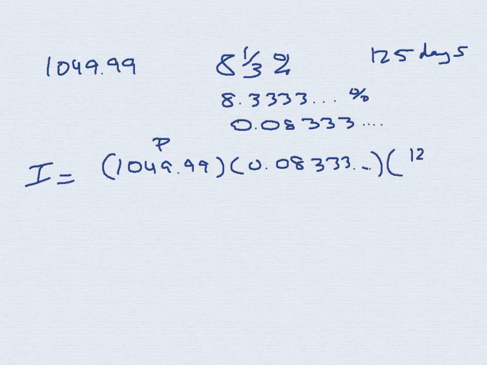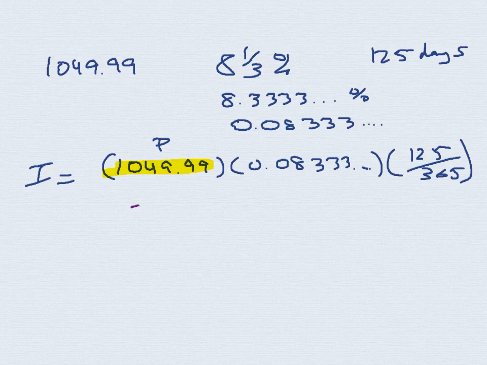And then 125 divided by 365. So if you have the 0.08333 in your calculator, times that by 125, divide it by 365, and then go back and multiply by 1,049.99 and get the whole answer all in one step.